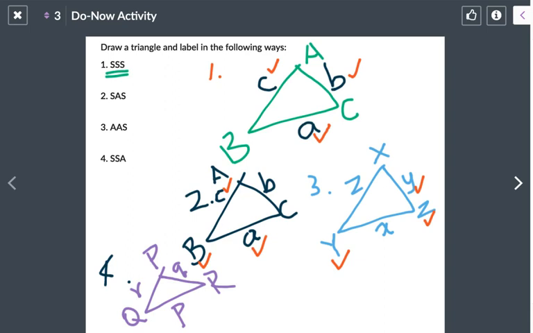So I have side, then this angle given. You already learned this concept when you were doing congruent triangles or similar triangles in geometry.